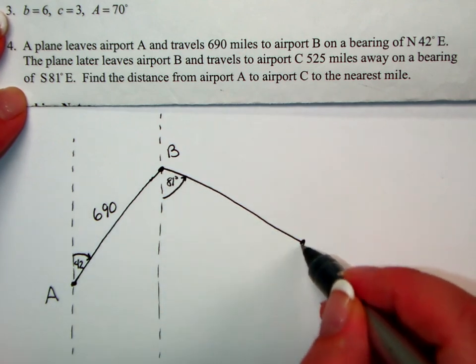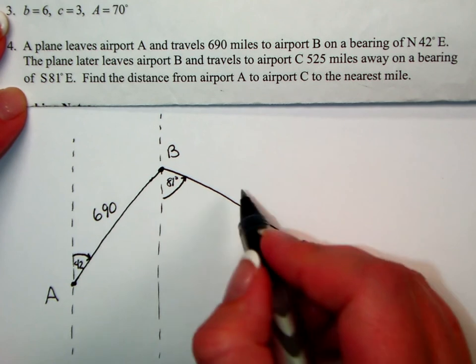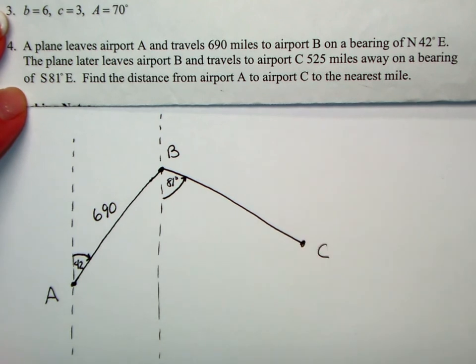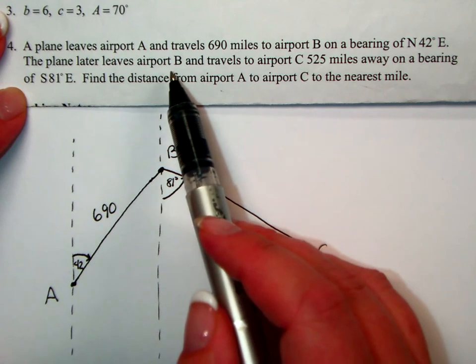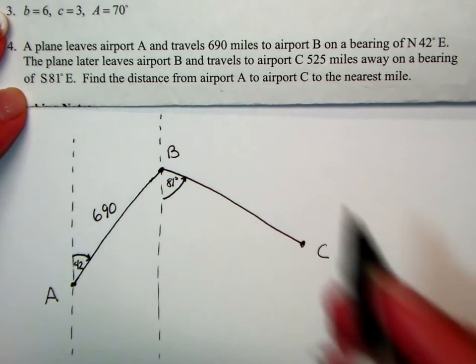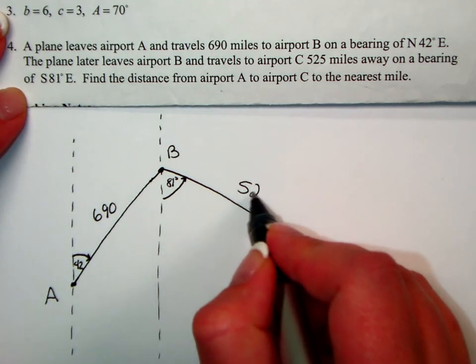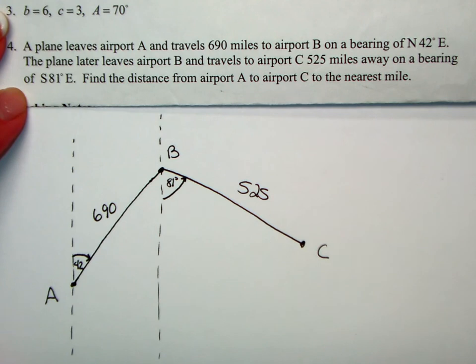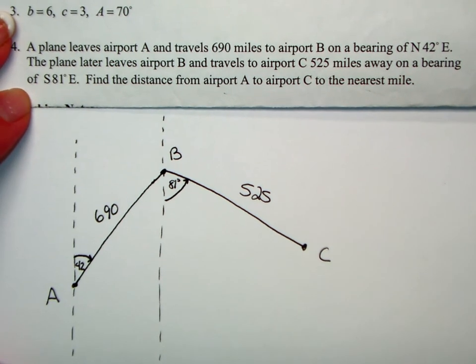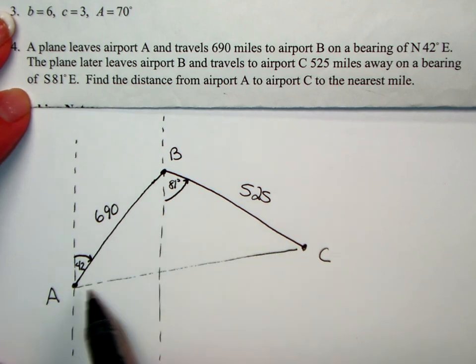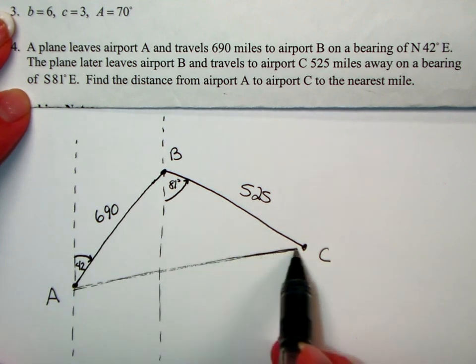My scaling isn't perfect, but let's say airport C is here. And we know how many miles away B to C is: 525 miles.